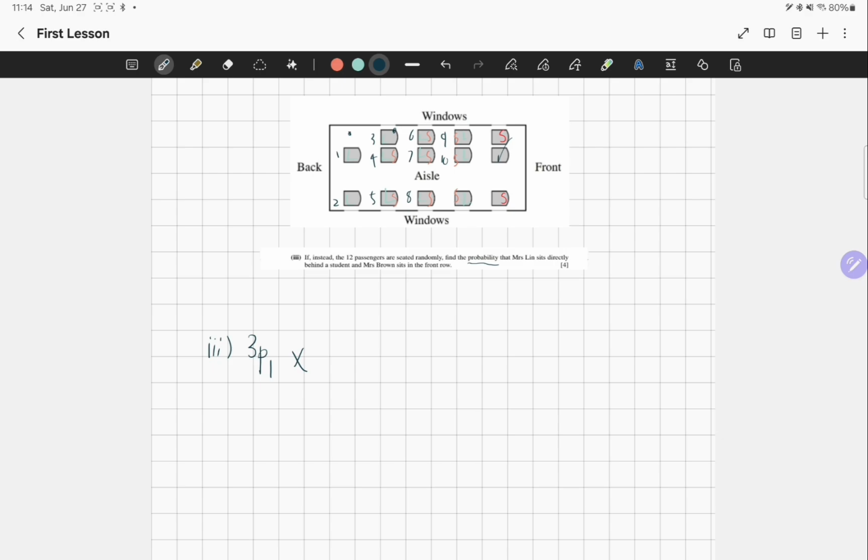Oh, wait, sorry. 1, 2, 3, 4, 5, 6, 7, 8, 9, 10. I'm sorry, I don't know why I put Mrs. Lin here. It cannot be possible for Mrs. Lin to sit here because Mrs. Brown is already in front. So there are 10 possible ways for Mrs. Lin to sit directly behind a student.